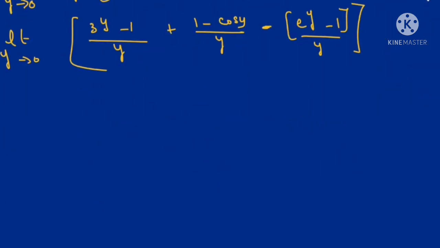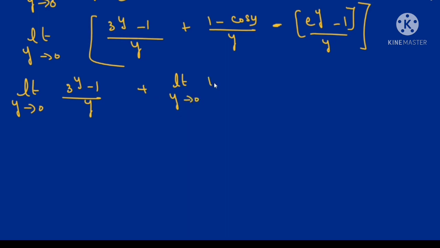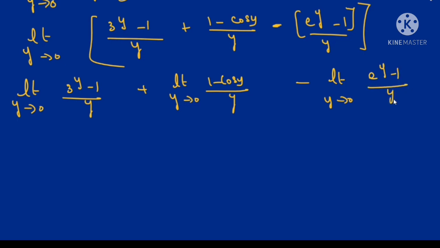When you apply the limit separately, it is limit y tends to 0, 3 power y minus 1 by y, plus limit y tends to 0, 1 minus cos y by y, minus limit y tends to 0, e power y minus 1 by y.